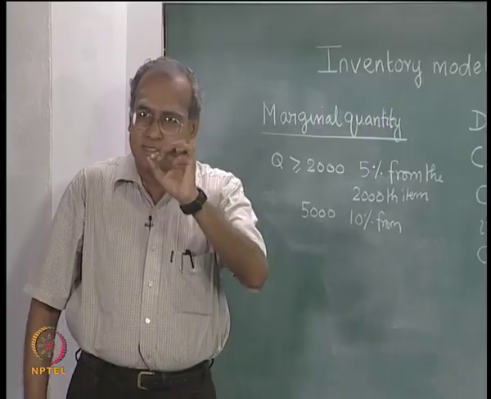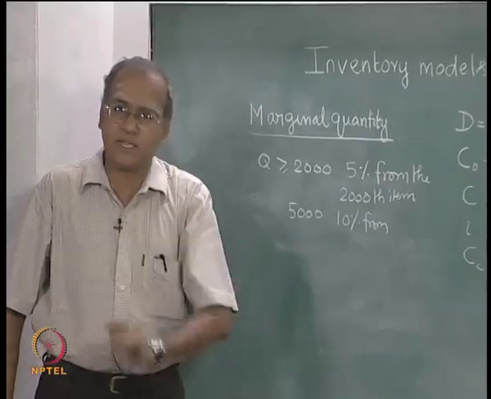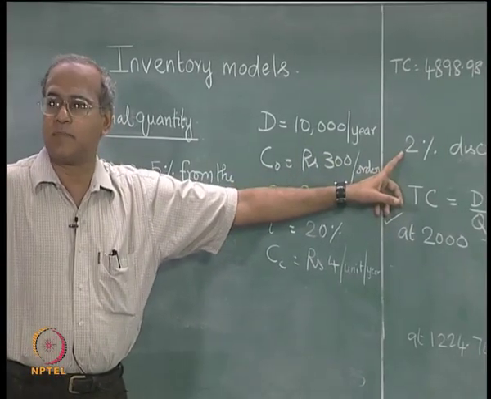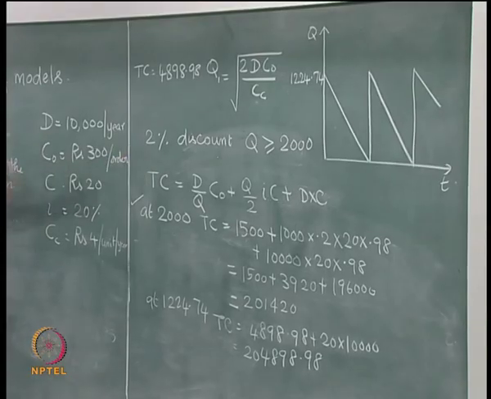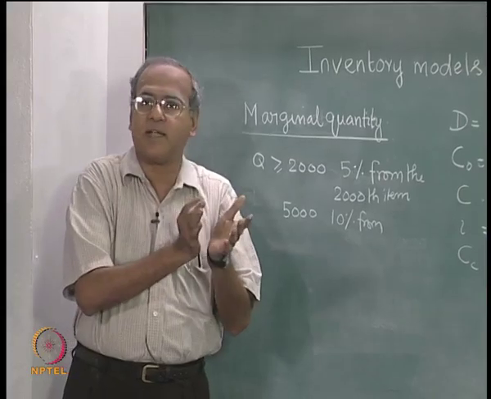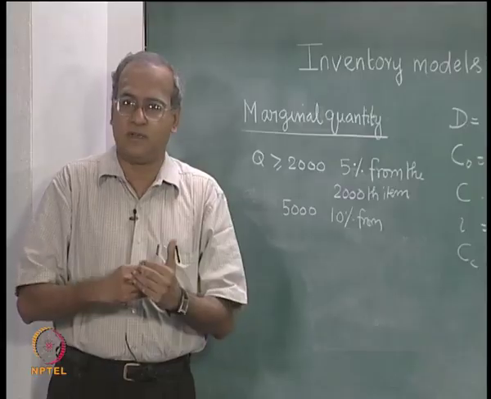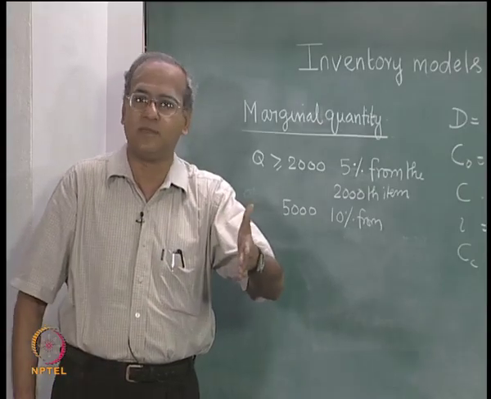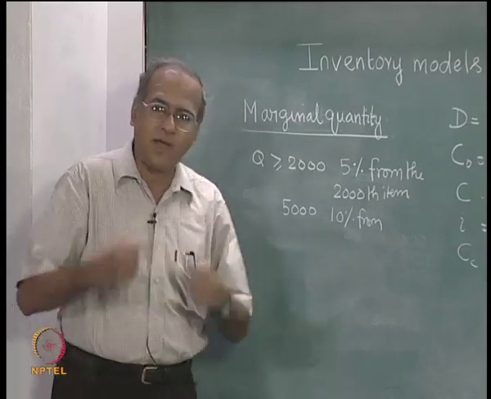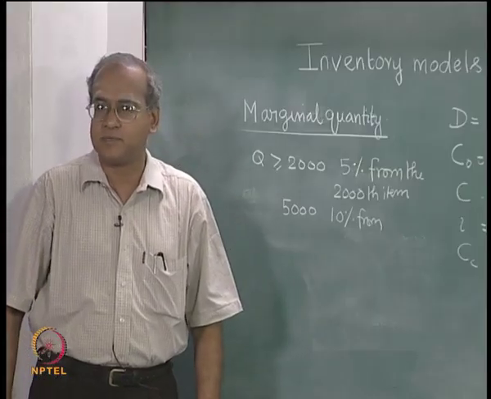If we order say 3000 items, then all the 3000 items will be priced at 19 rupees 60 paise. Now, if we order 3000 items here, the first 2000 items will be priced at 20. The next 1000, which is after the 2000th item, are now going to be priced at 95% of 20, which is 19 rupees.